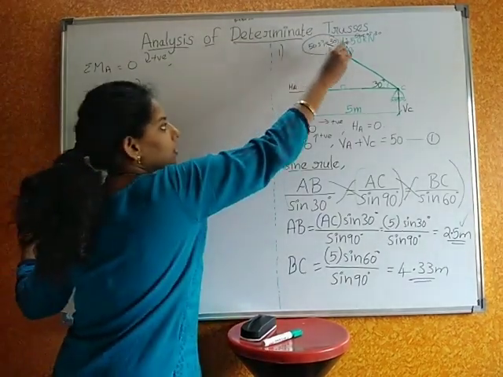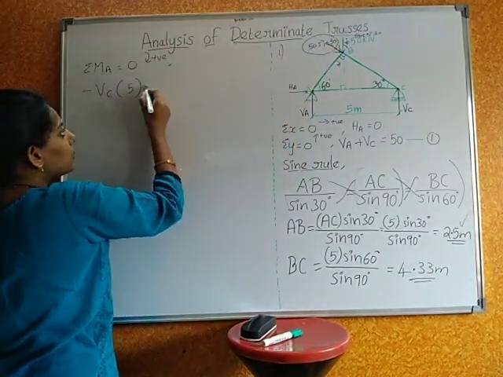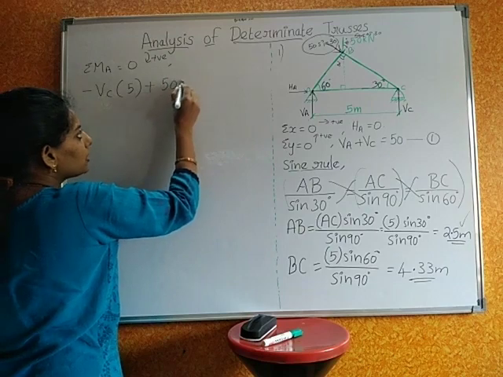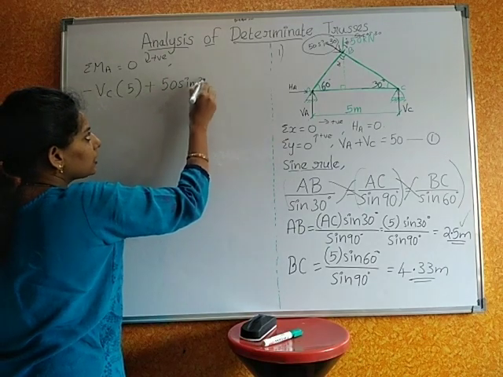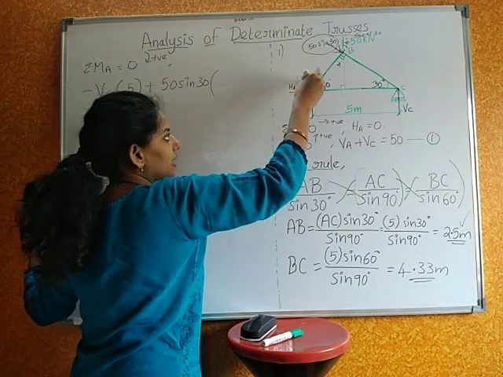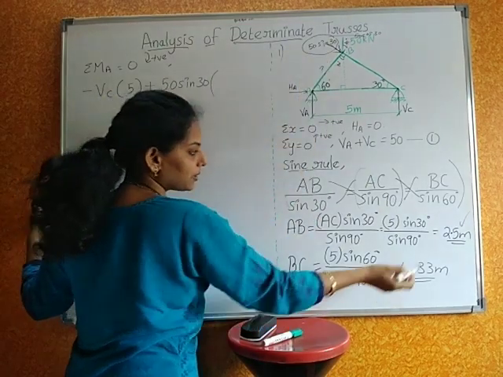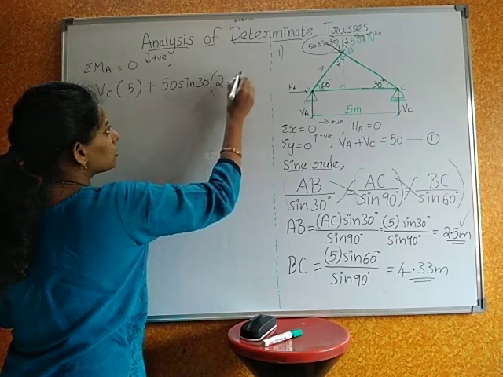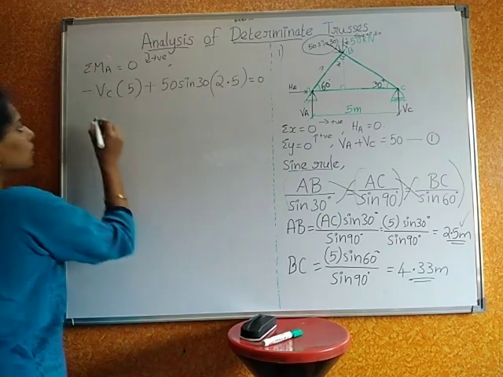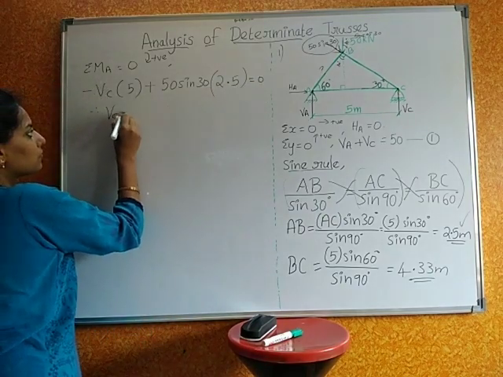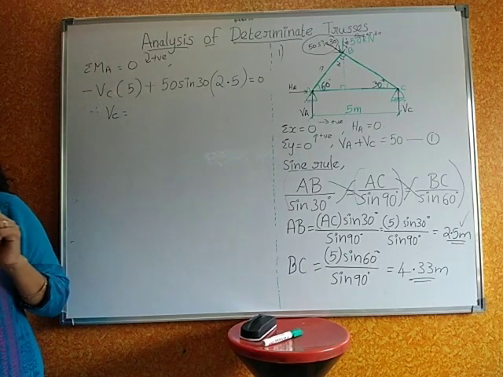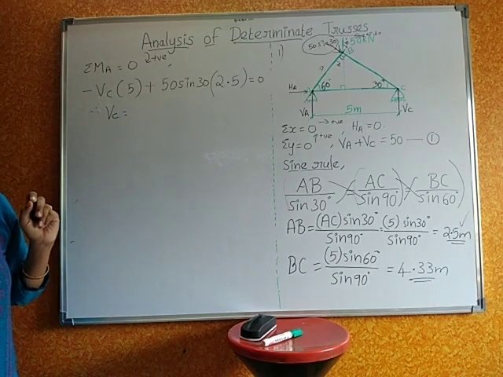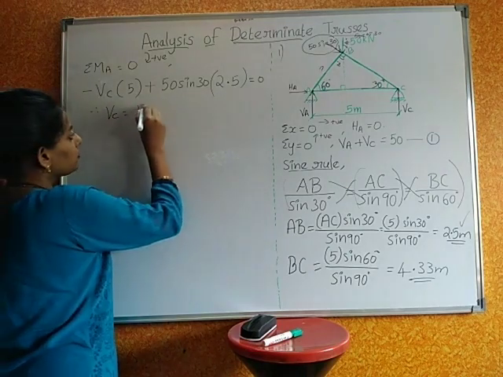It is clockwise, so plus 50 sine 30. Distance is this AB, which is 2.5. Force into distance equals 0. Calculate BC. BC is 12.5 kilonewton.